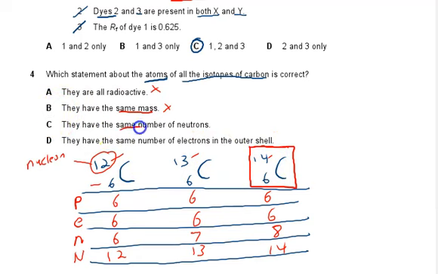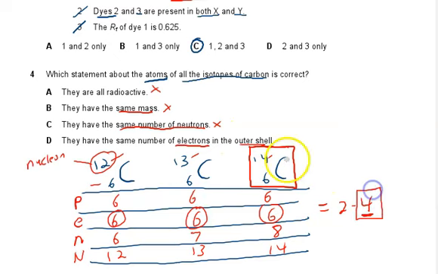Do they have the same number of neutrons? Nope. Do they have the same number of electrons in the outer shell? Yes, because they have the same electron number and their electron arrangement is 2.4. So at their outer shell they have 4 electrons. So your answer here for number 4 is D.